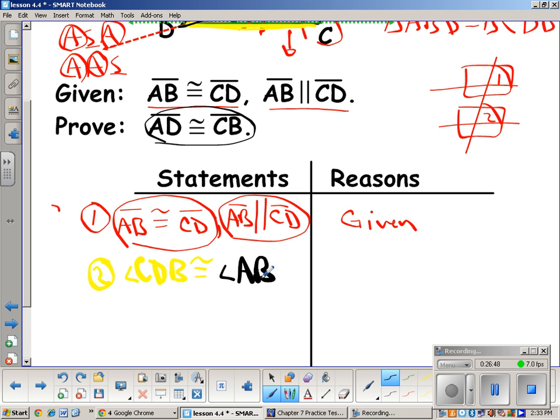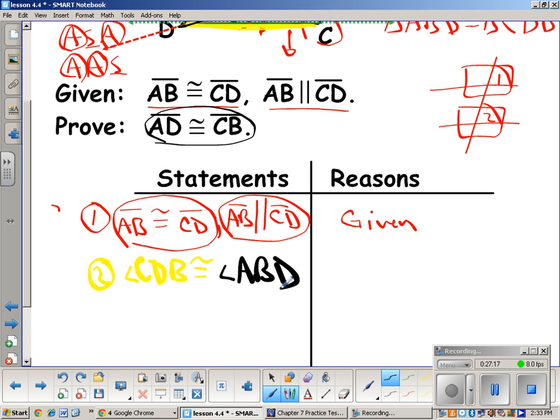Angle ABD. Okay? Now here's the tough question. What kind of angles were they? Alternate interior. So how do I know they're congruent? Because the alternate interior angles theorem. Exactly. Nice job, Mason. The alternate interior angles theorem: since the lines are parallel, then alternate interior angles are congruent.